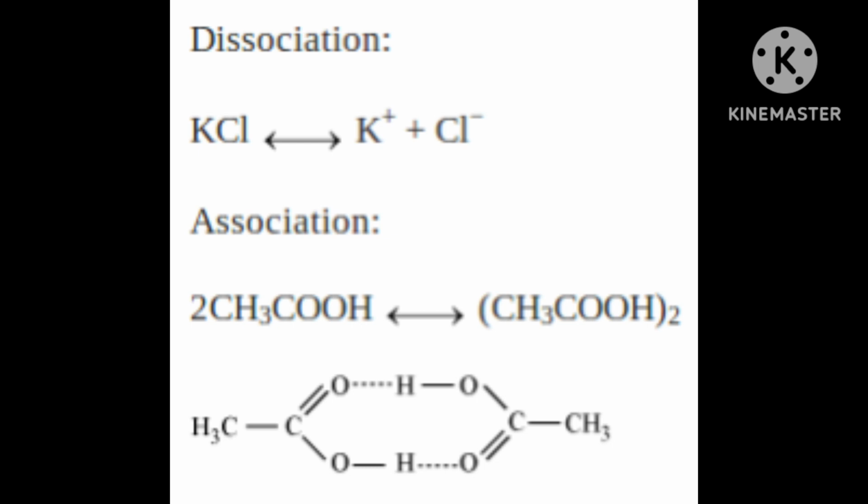In the beginning we know the molecular mass of KCl is 74.5, but experimentally, because 1 is becoming 2, particles increased, vapor pressure will decrease, boiling point will increase, and the molecular mass will be half of the original.